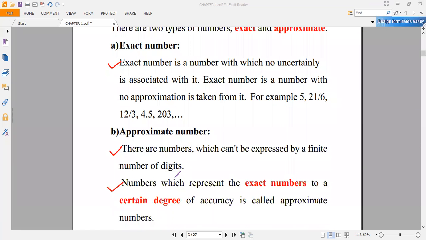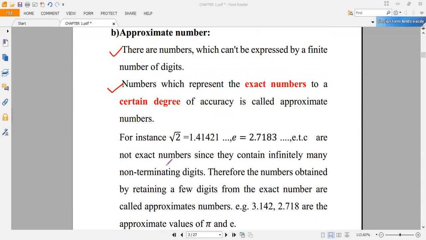And the other type of numbers are approximate numbers. There are numbers which cannot be expressed by a finite number of digits, so for practical computation we should manage those numbers. Numbers which represent the exact number with a certain degree of accuracy are said to be approximate numbers.